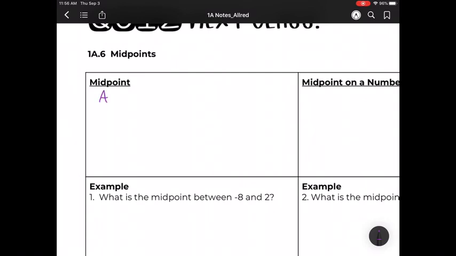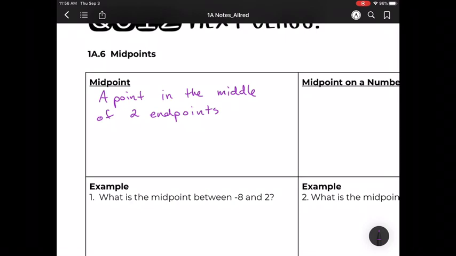All right, so a midpoint in terms of a number line or the coordinate plane is going to be a point in the middle of two endpoints, all right? Or along a segment exactly in the middle where we are going to use those two endpoints.